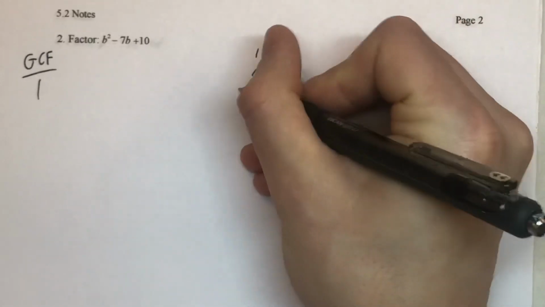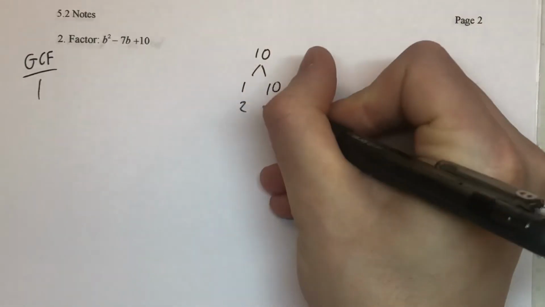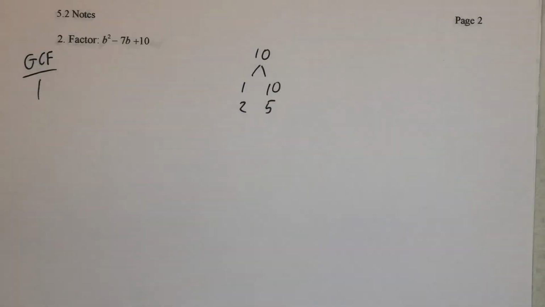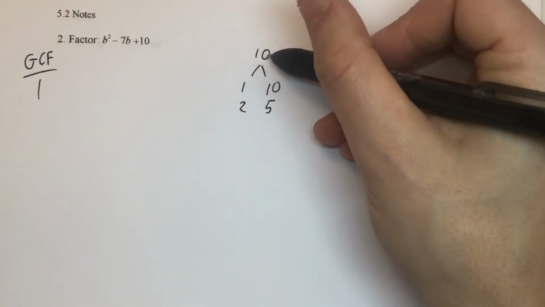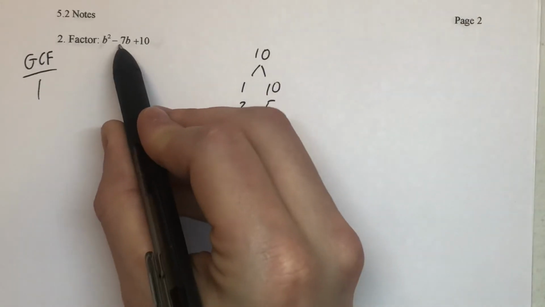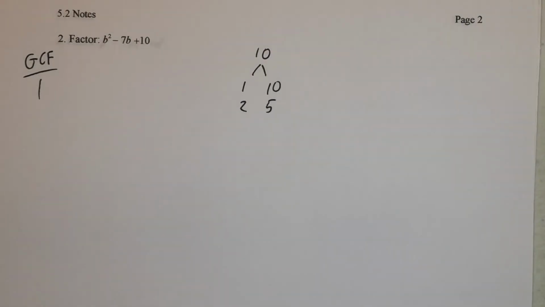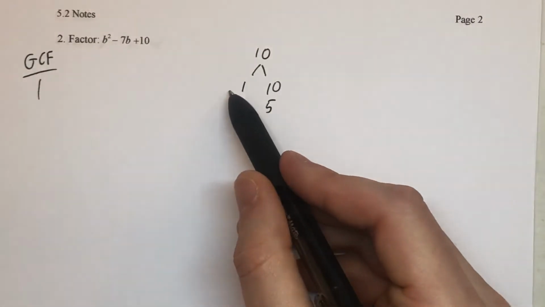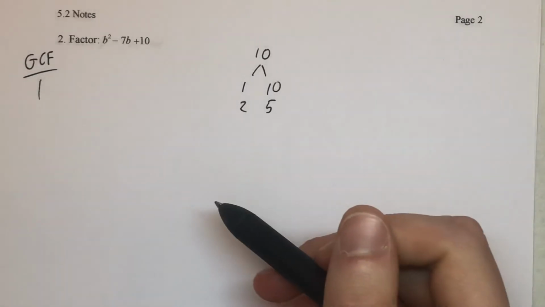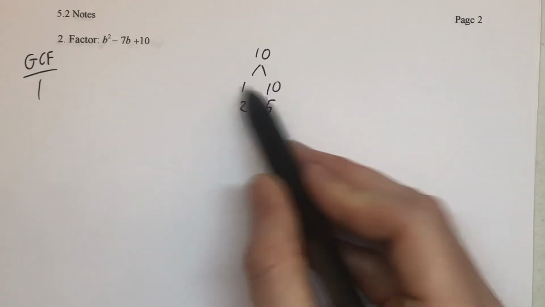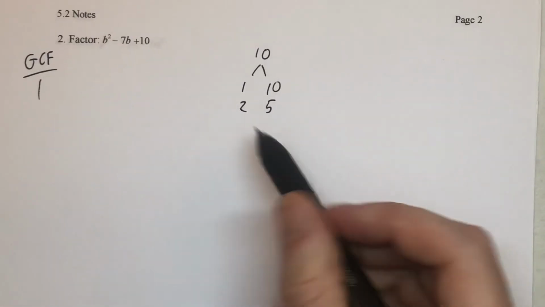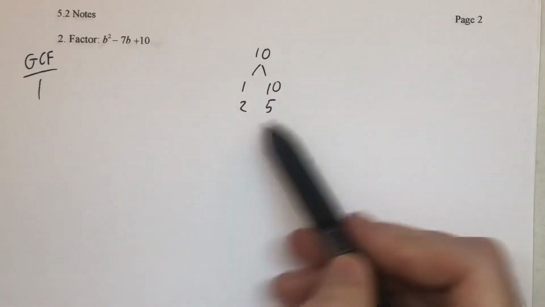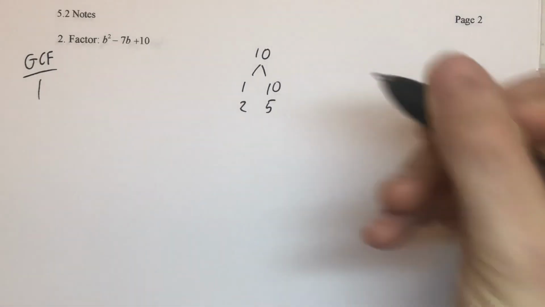So, start with 10. The only factors of 10 are 1 and 10 and 2 and 5. Now, we need these numbers to multiply to a positive 10, but also add to a negative 7. So, I mentioned sign is always important. If you're multiplying to a positive value, they're either both positive or both negative. And in this case, if we're trying to add to a negative number, it wouldn't even make sense to think about positive numbers being an answer.